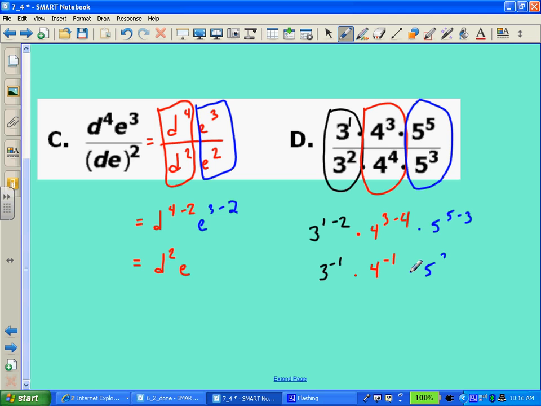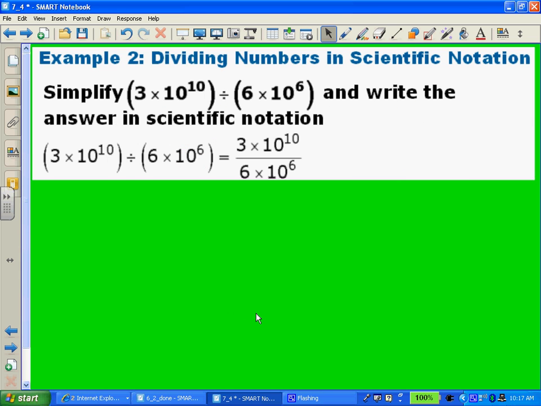And 5 to the 5 minus 3 is 5 to the 2nd. Now since these are both negative exponents, they have to go to the bottom. So I'm going to end up with 5 squared over 3 to the 1st times 4 to the 1st. Since these are pretty easy exponents, I could go ahead and multiply that out, so I get 25 over 12.